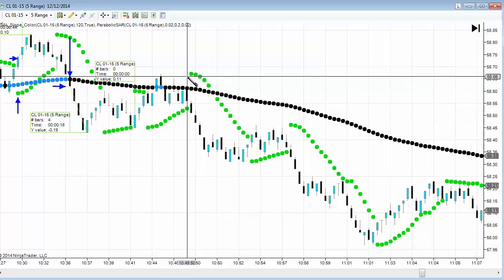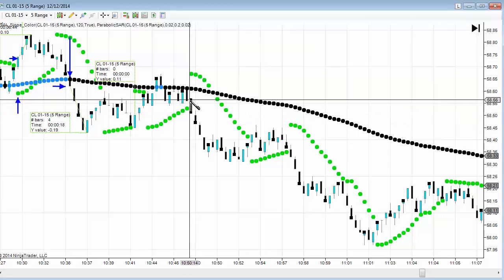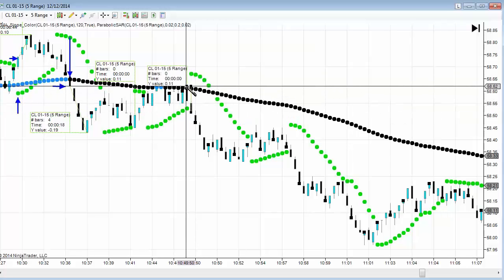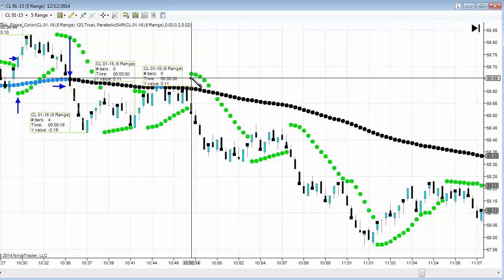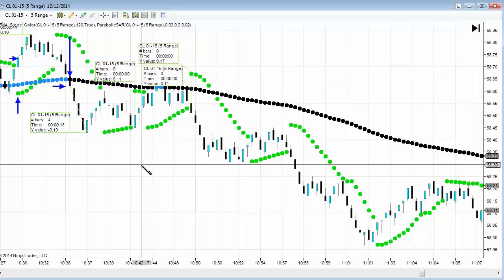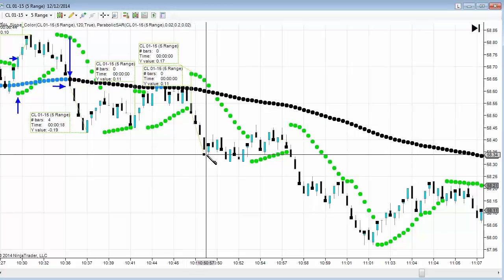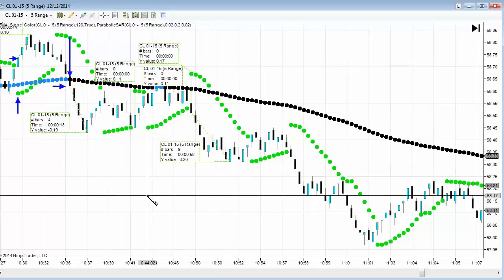As it rolls over and price moves below the parabolic SAR, we have two opportunities here. We could put our stop just above the moving average, the EMA, or we could put our stop just above the parabolic SAR. With either choice, we have a nice entry into the trend.